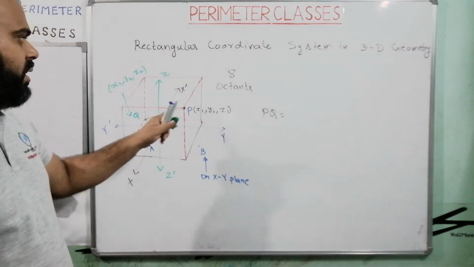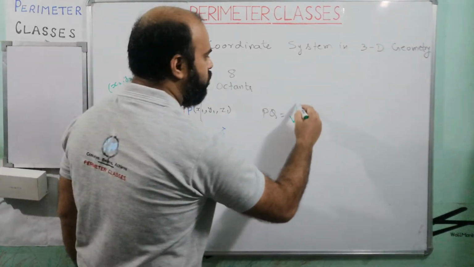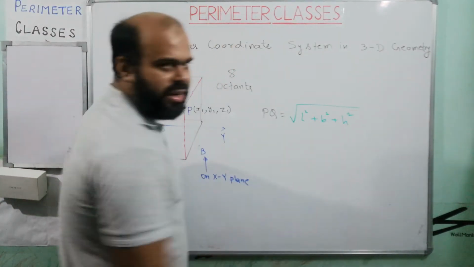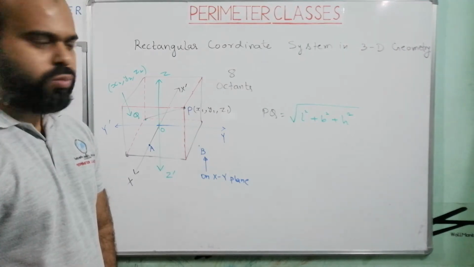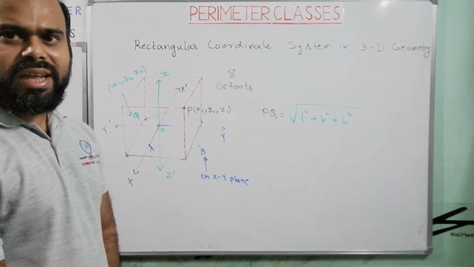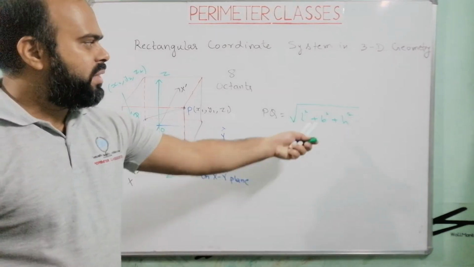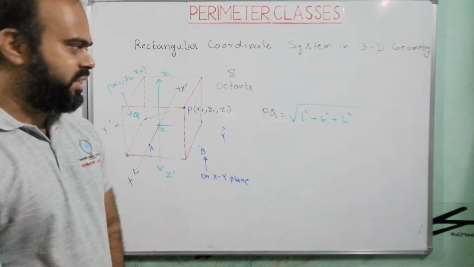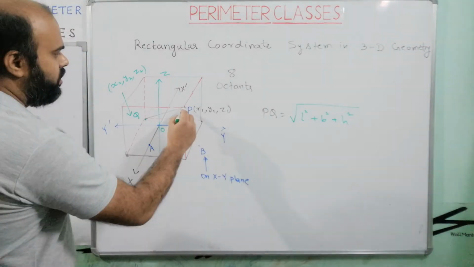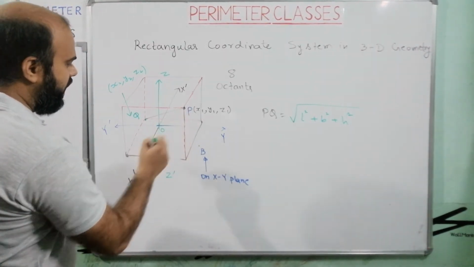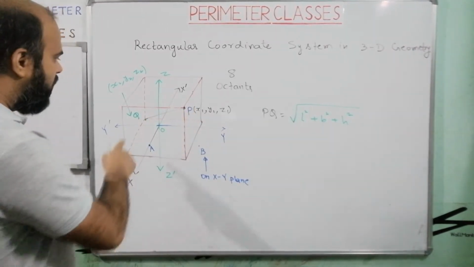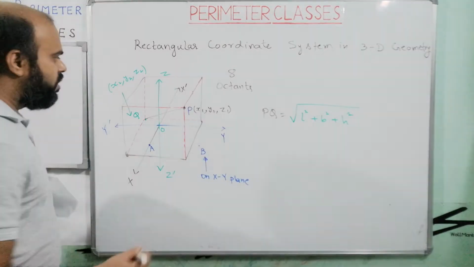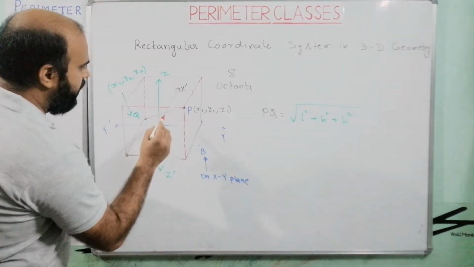So in order to find the length, we simply write root over length square plus breadth square plus height square. This is the length of PQ. Length is the length along the x-axis, breadth is the length along the y-axis, and height is the length along the z-axis. So if we observe, the point P will intersect the x-axis at x1 and Q will intersect the x-axis at x2. So for your understanding, let us draw the perpendiculars.